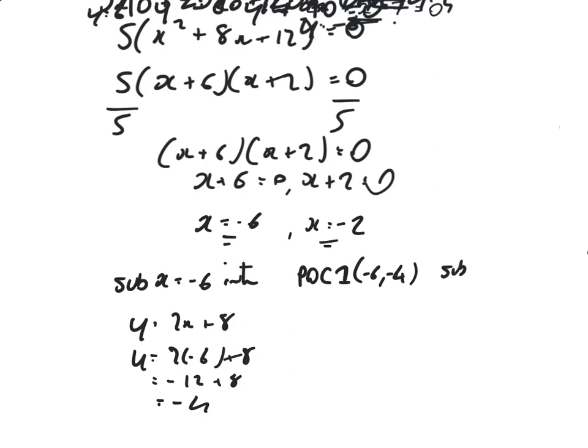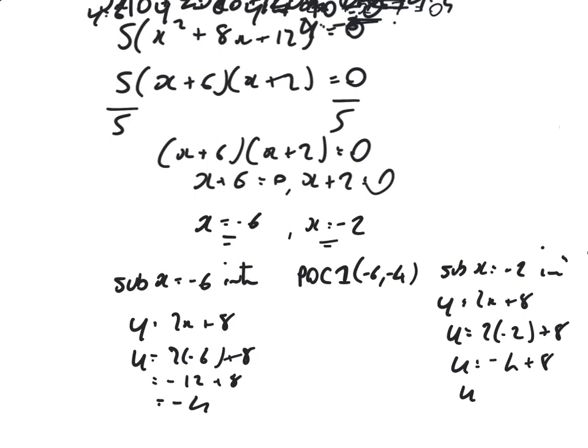Let's now sub x equals minus 2 into y equals 2x plus 8. So it's y equals 2(minus 2) plus 8. That's minus 4 plus 8, which is 4. So point of contact 2 then is (minus 2, 4).